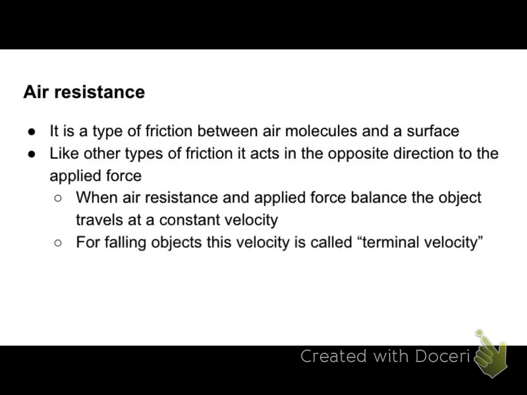For falling objects, the velocity at which the applied force, which in the case of a falling object is the force of gravity, and the force of air resistance are equal, is called terminal velocity. This means that an object will fall and it will continue to accelerate, so it will continue to fall faster and faster and faster until that force is balanced by the force of air resistance.